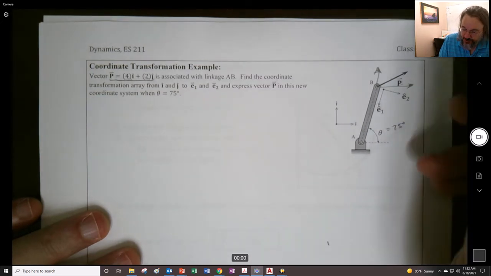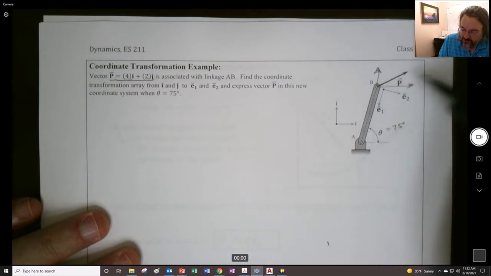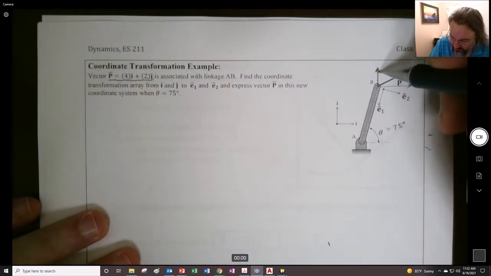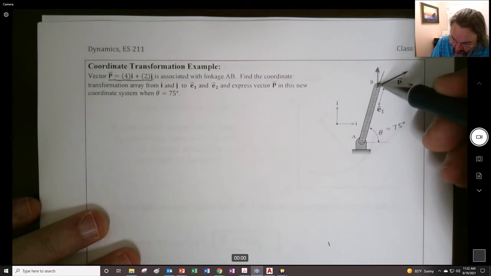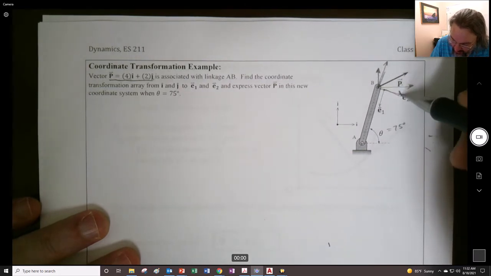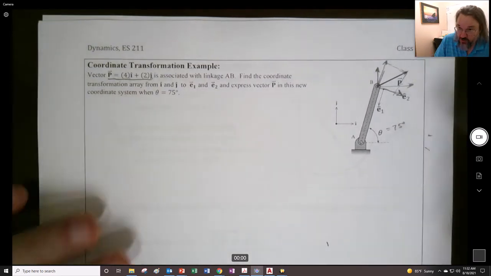What would help us is to figure out how much of this force is going to cause, let's say, something upwards. We would like to know that and that instead, right? We want to break this thing down into coordinates.